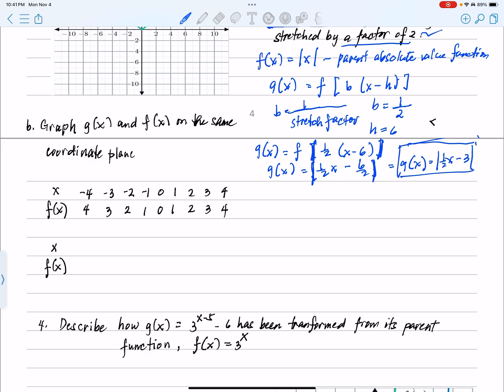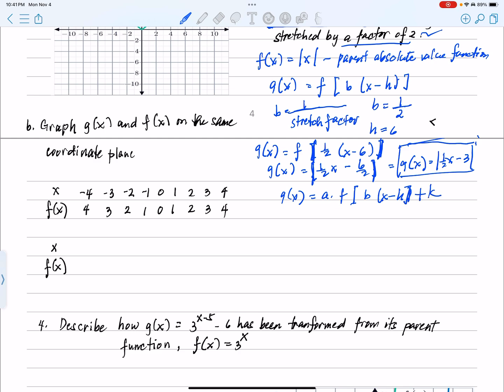Okay, we can have g of x equals a times f, the absolute value of b times x minus h, plus k.